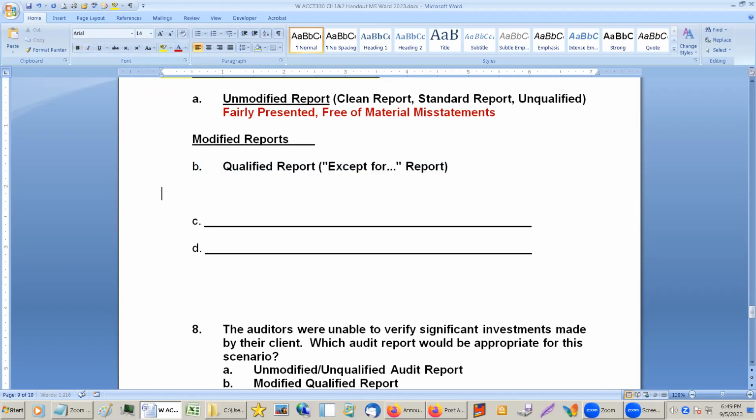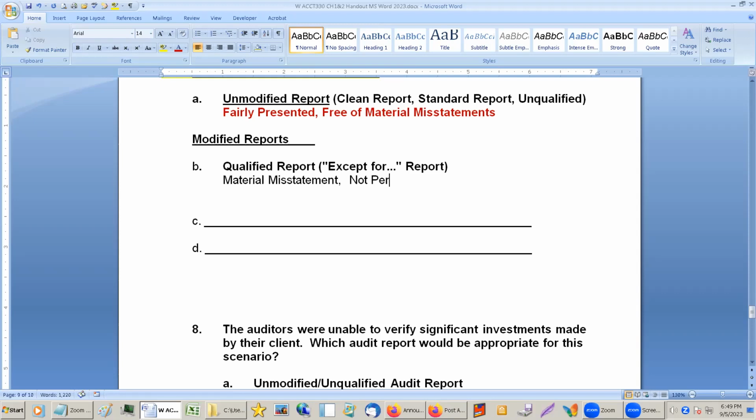And it is when there is a material misstatement that is not pervasive. Usually it means that there's, for instance, only one account.